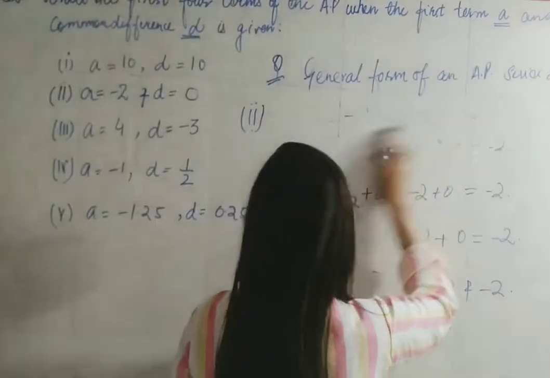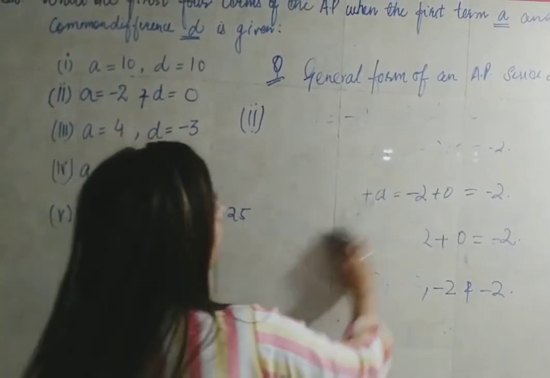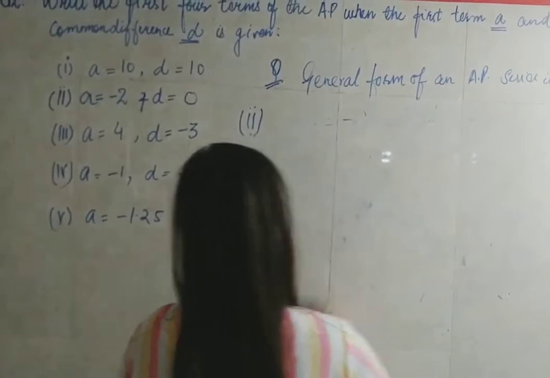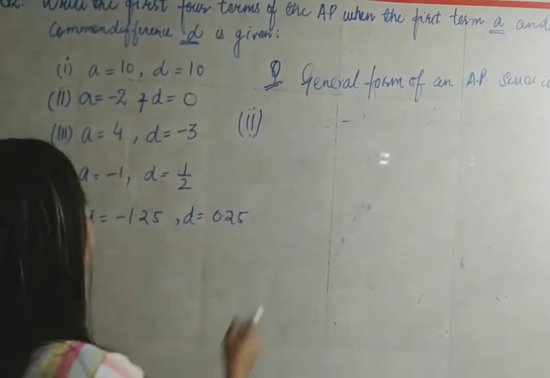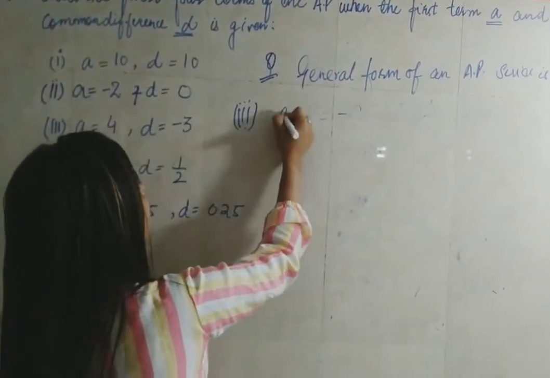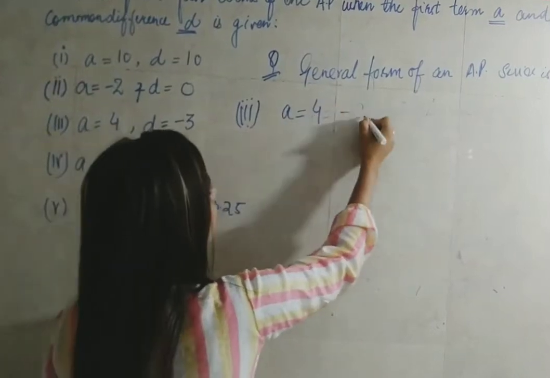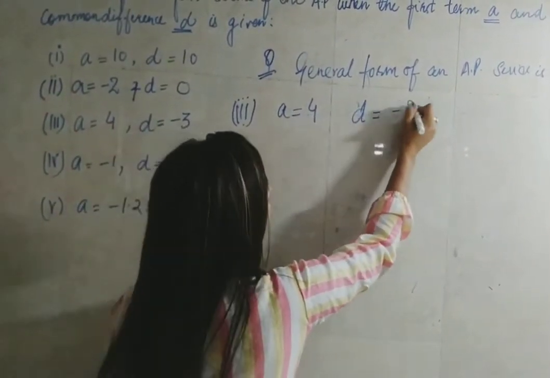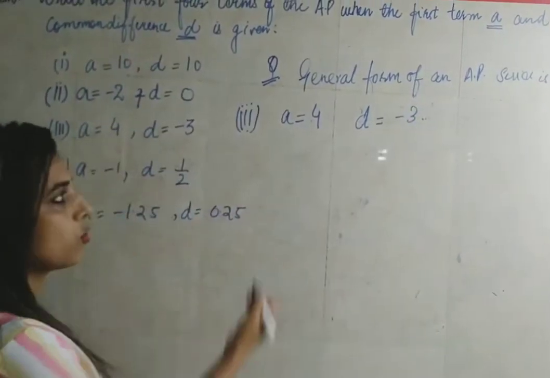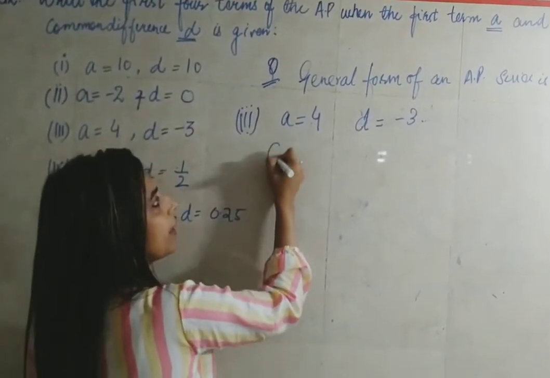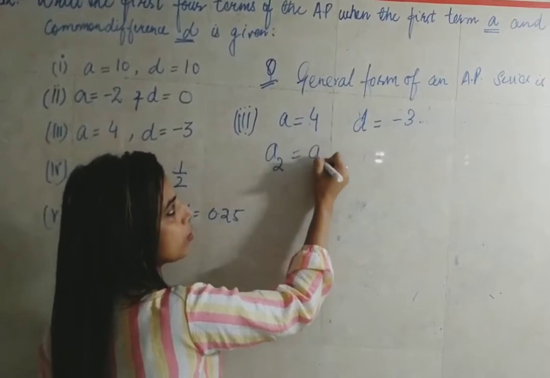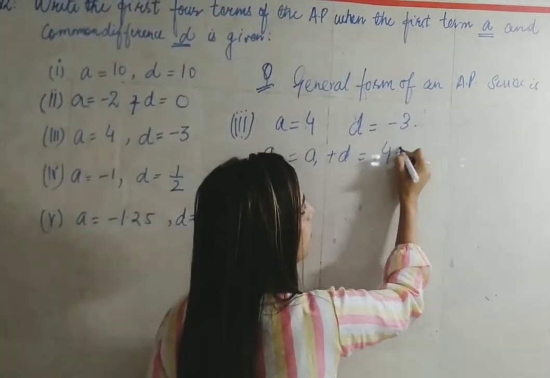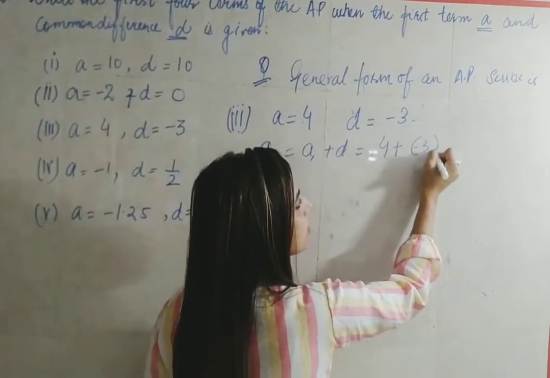In part 3, you are given A equal to 4 and D equal to minus 3. So in a similar way, we'll find A2, which is equal to A1 plus D, which is equal to 4 plus minus 3.